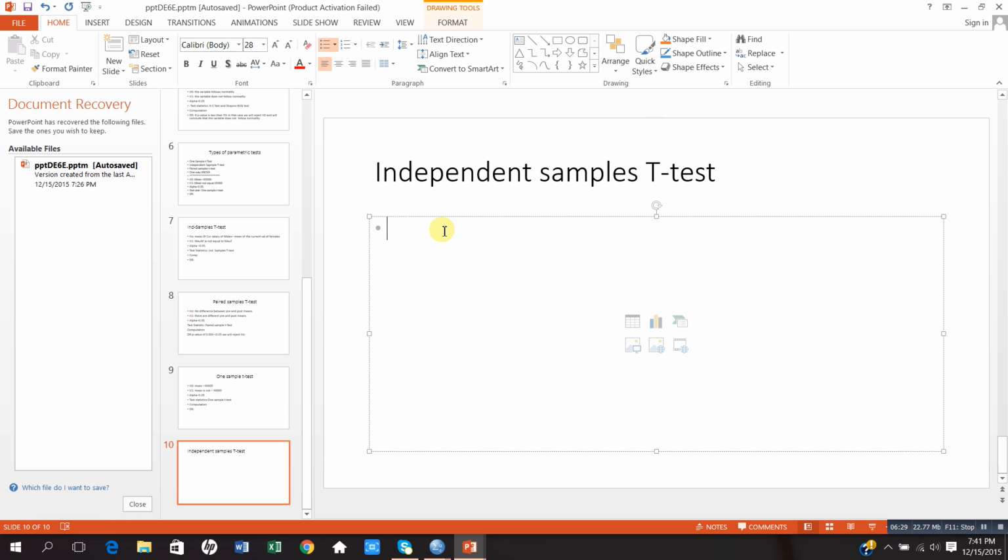Null hypothesis: no difference between two means, which means they are the same. Alternative hypothesis is there is difference between the two means.